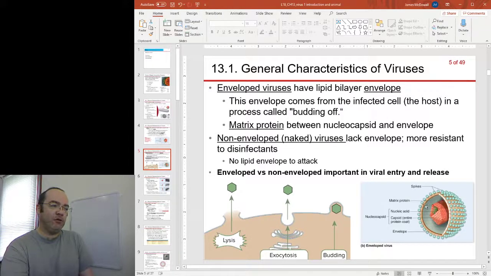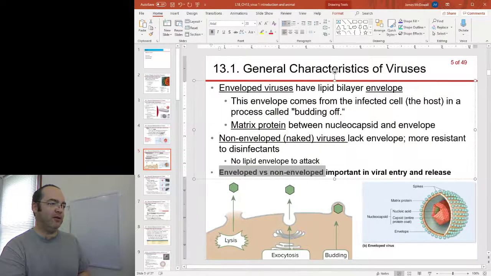Non-enveloped viruses don't have the envelope, obviously. They are also known as naked viruses. Typically, the presence or absence of an envelope is very important in how the virus gets in to a cell and also how the virus gets out of the cell.